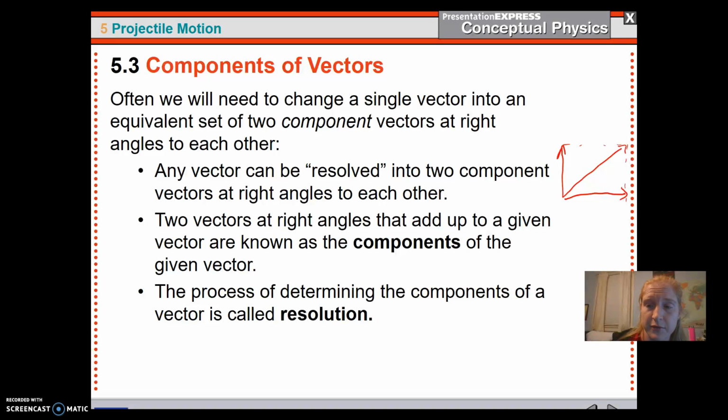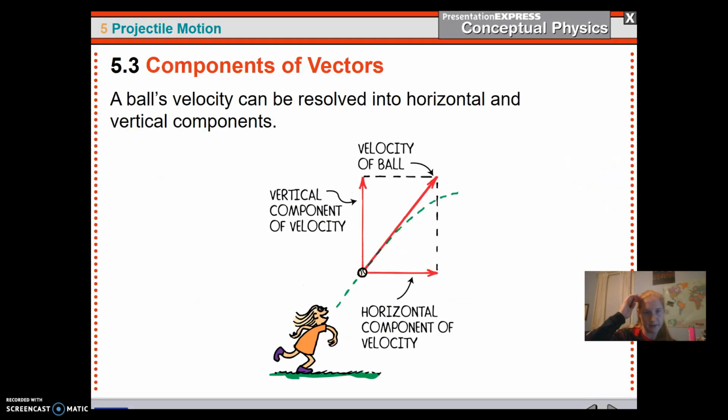And these are the components. So this is your resultant component. So in the process of doing this, the process of determining it is a resolution. So when you're resolving two components, that's the process of determining that vector. Okay, so they can be resolved.